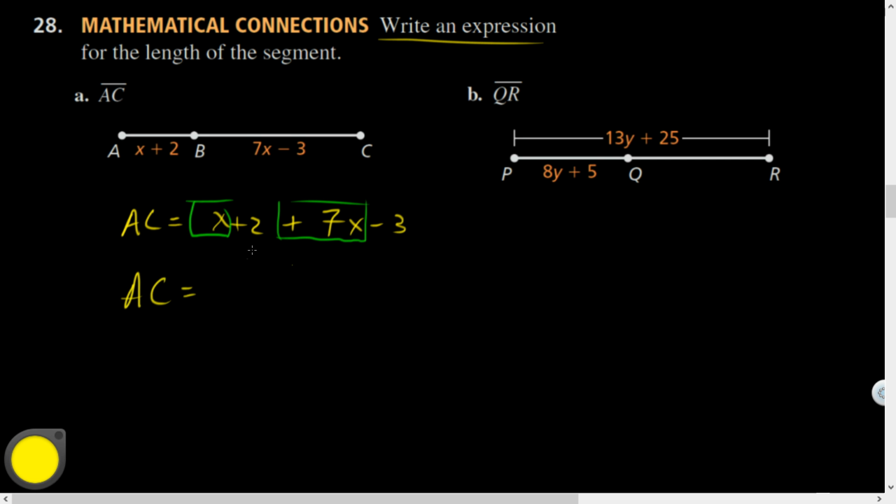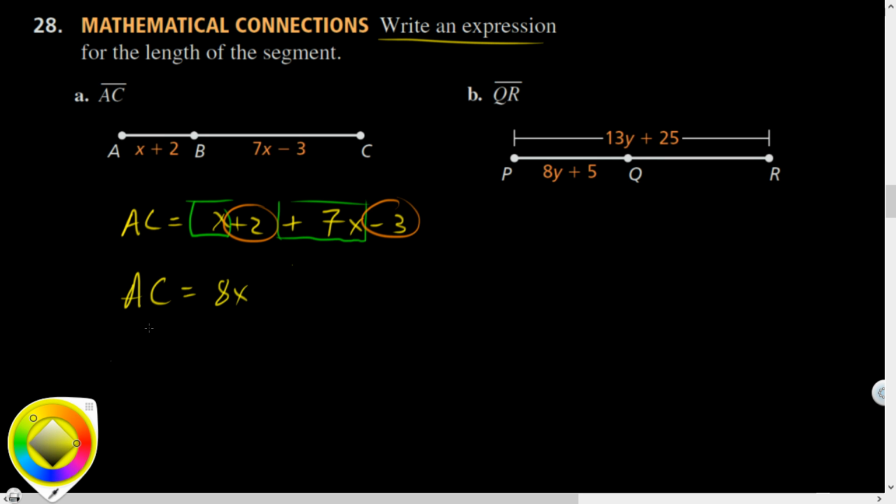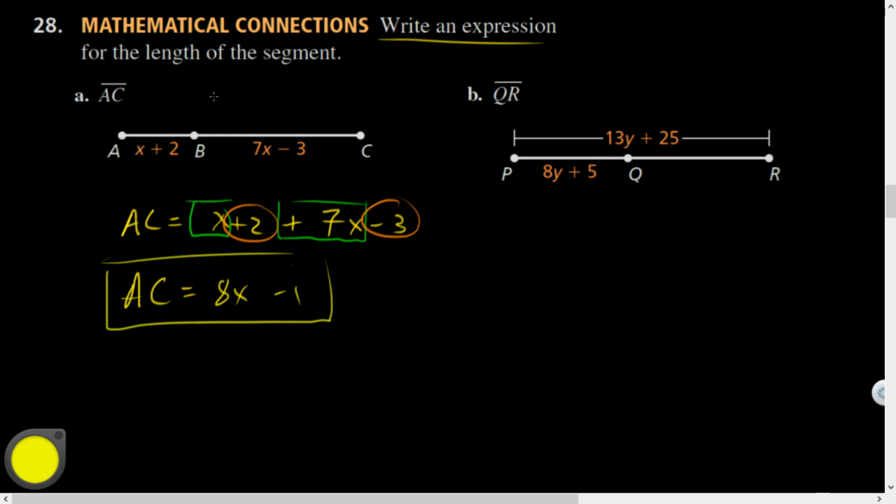So we'll have AC is equal to 1x, there's an invisible 1 there, plus 7x is 8x. And then if I add the 2 and the negative 3, those constants, we get negative 1. If I knew the length of AC, I could plug that length in for AC and figure that out.